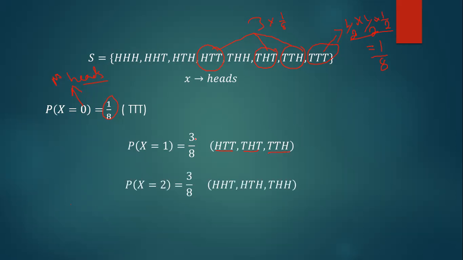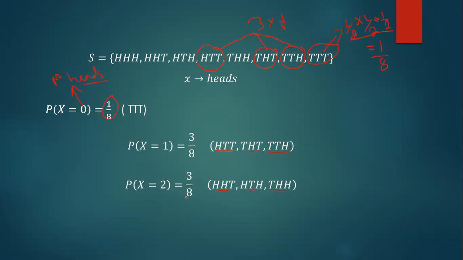Okay, then the next one is where we shall have 2 heads. That is the probability of x equaling 2. Those are also going to be 3, which are head, head, tail; head, tail, head; and tail, head, head. So still that would be 3/8.